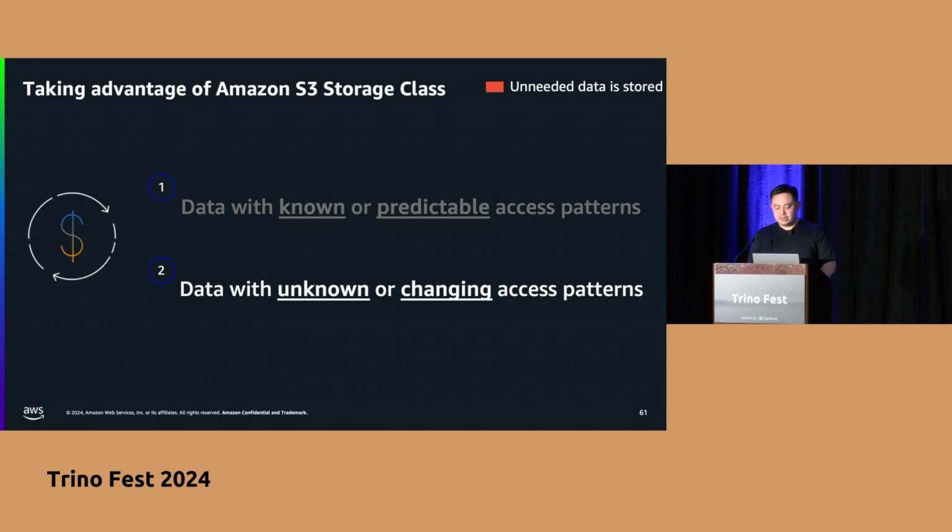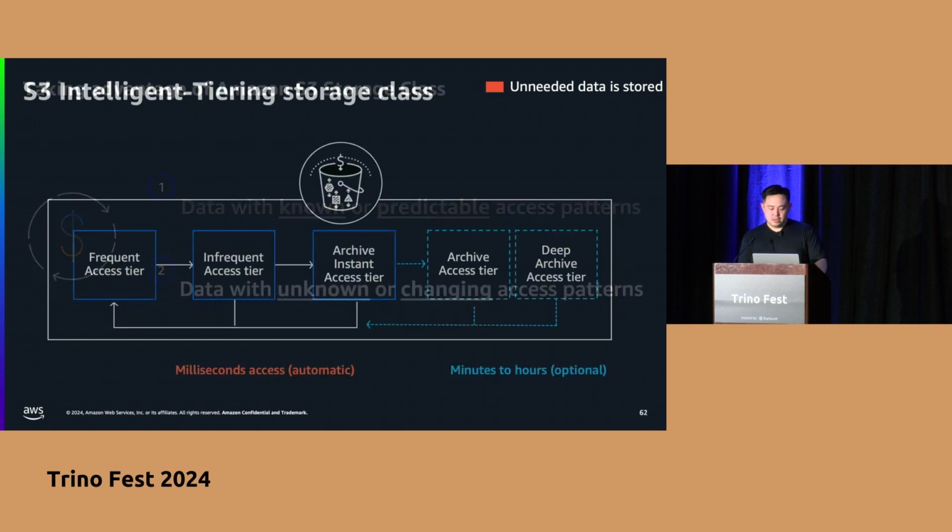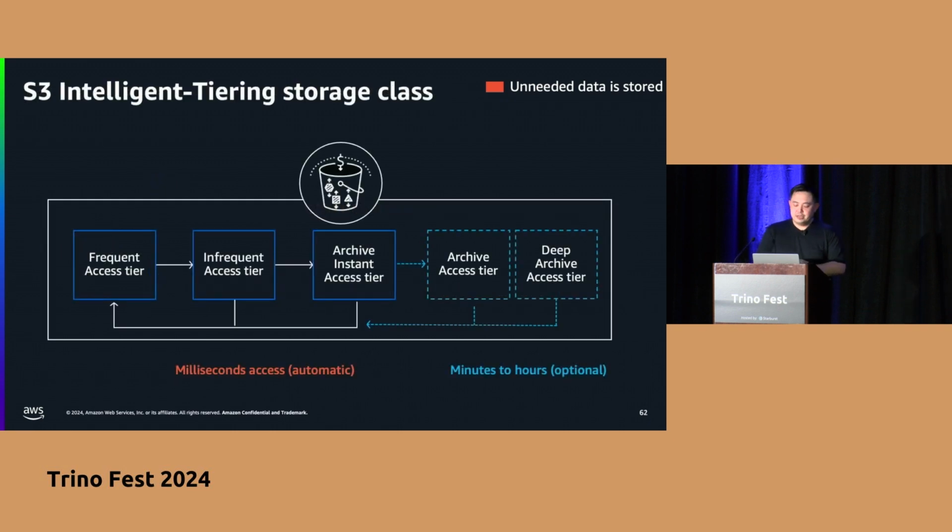So next, let's talk about data with unknown or changing access patterns. In the case of a data lake, you may have data with unknown access patterns, and it's difficult to choose an appropriate storage class. This is where S3 Intelligent-Tiering comes into play. This class automatically moves objects between tiers based on access patterns, allowing you to optimize storage cost.